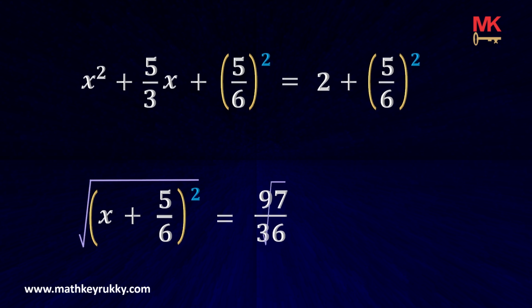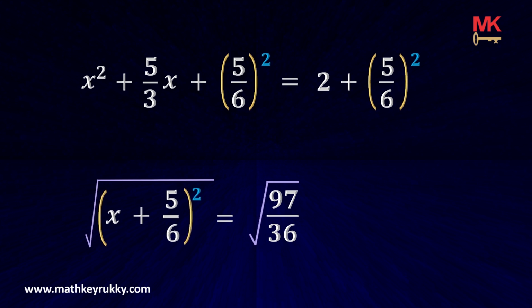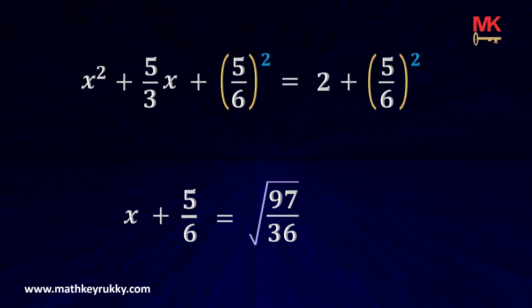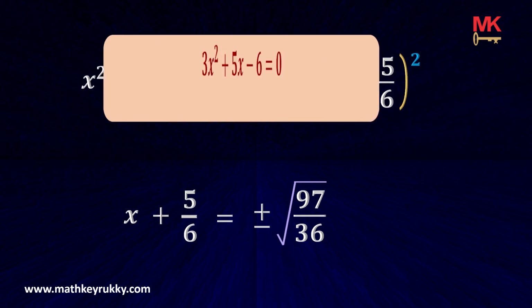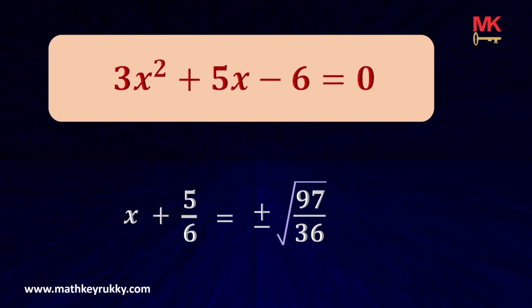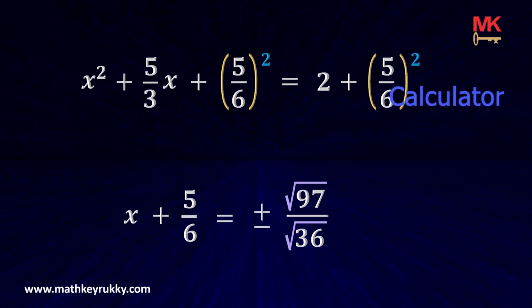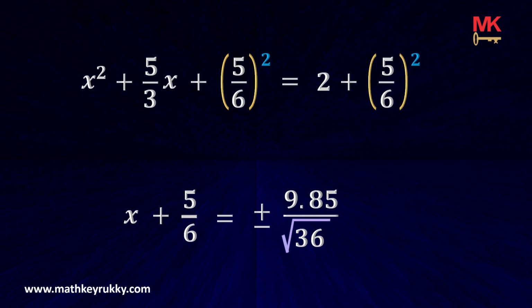We take the square root of both sides, and the new equation becomes x plus 5 over 6 equals plus or minus the square root of 97 over 36. Notice that this time, the numerator 97 is not a perfect square. That's because the equation we are dealing with is not factorizable. So from the calculator, the square root of 97 is approximately 9.85, and the square root of 36 is 6.